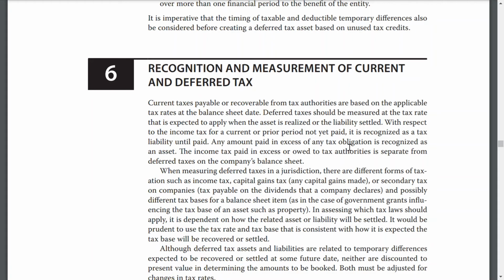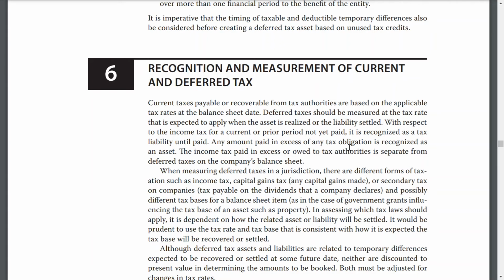When measuring deferred taxes in a jurisdiction, there are differences from different forms of taxation, such as income tax, capital gains tax, or secondary tax on companies, and possibly different tax bases for balance sheet items.